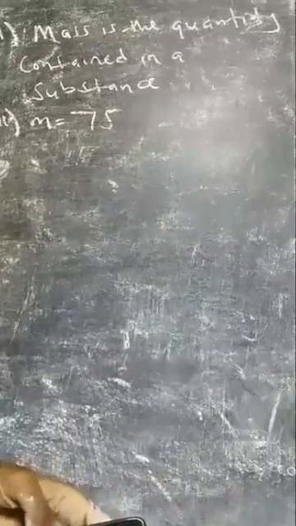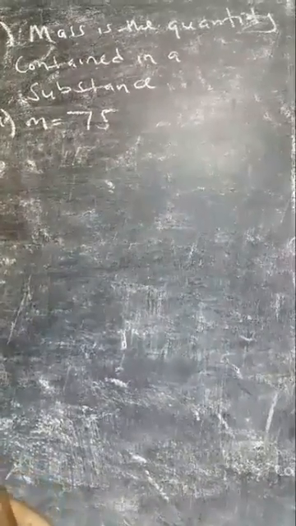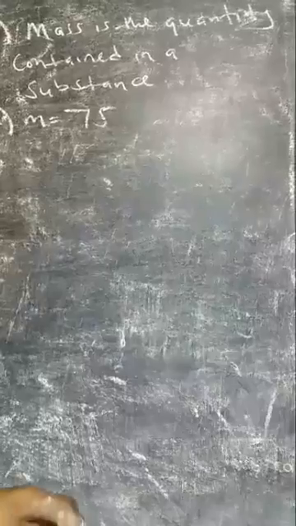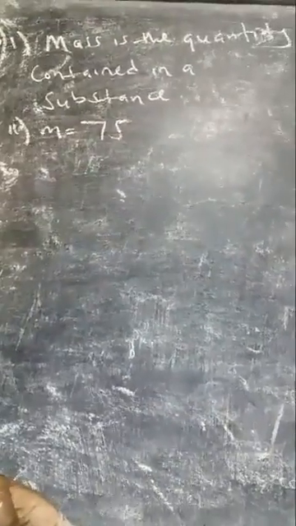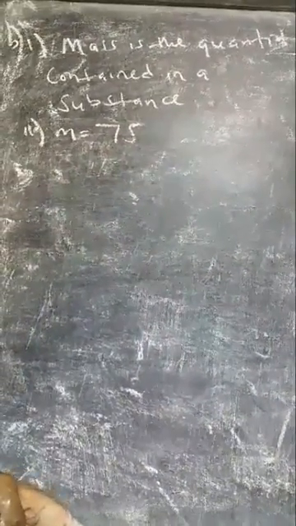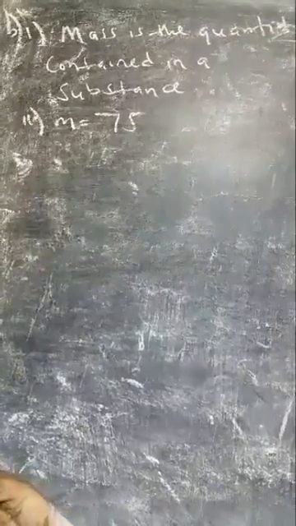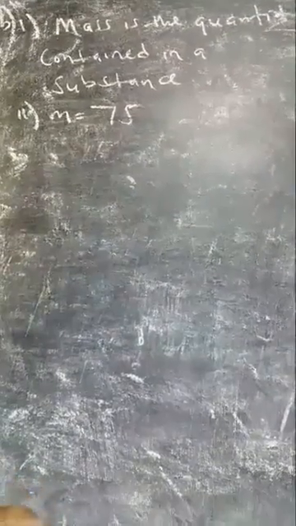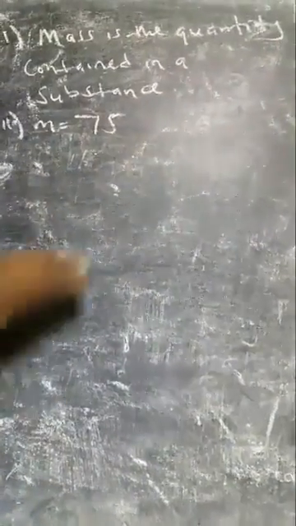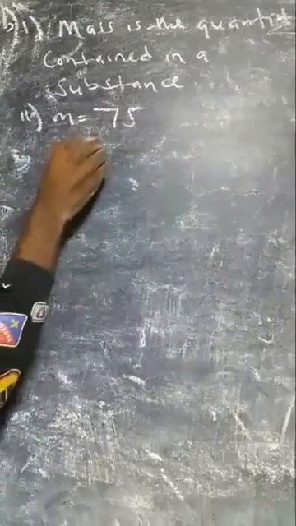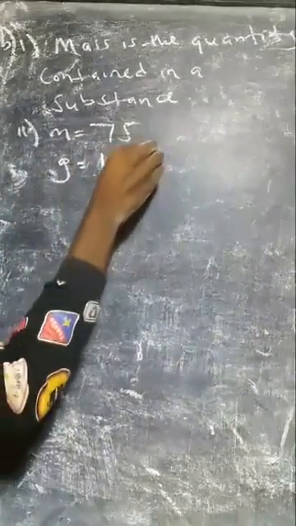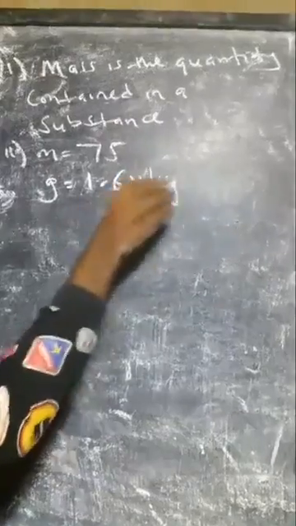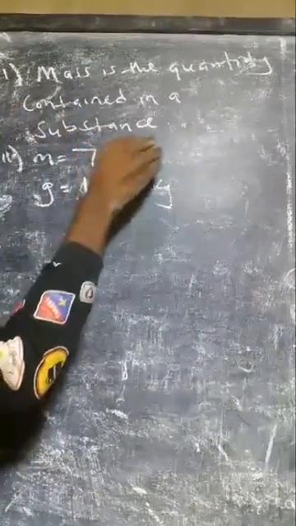Our g, of course, is 1.6 newtons per kg.